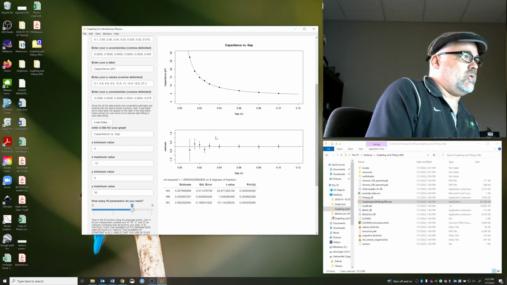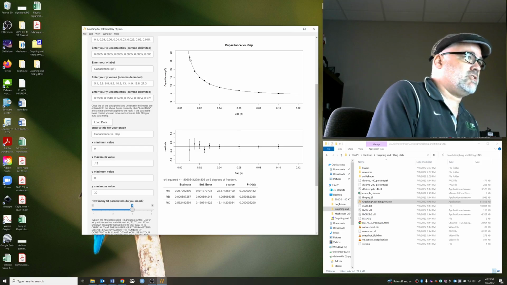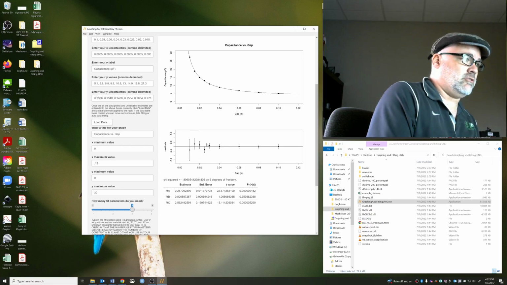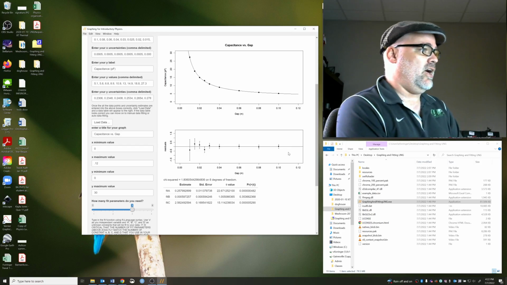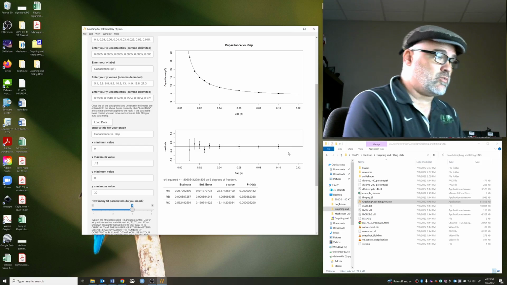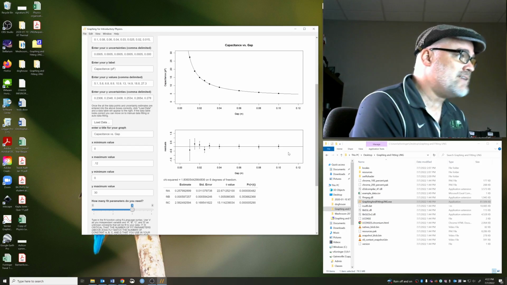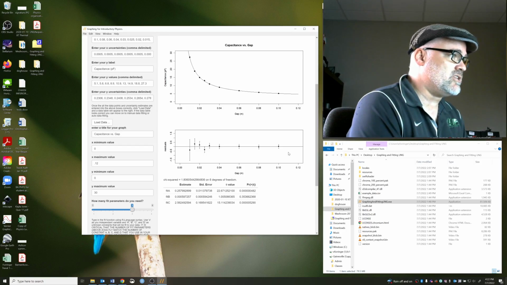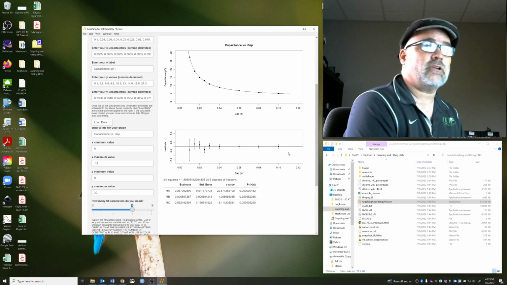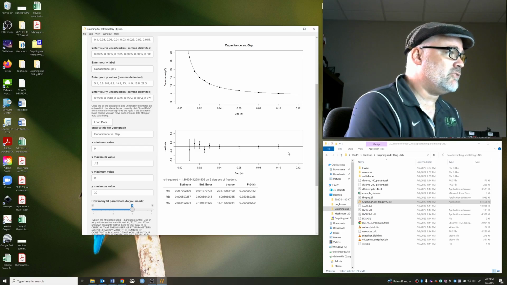Okay, so a couple of really cool things here. First of all, we get both x and y uncertainties in our data. I plot the residuals with the total effective uncertainties. This is really cool. This is real student data. And what I see in these residuals is that they do look like they're randomly scattered around the curve.